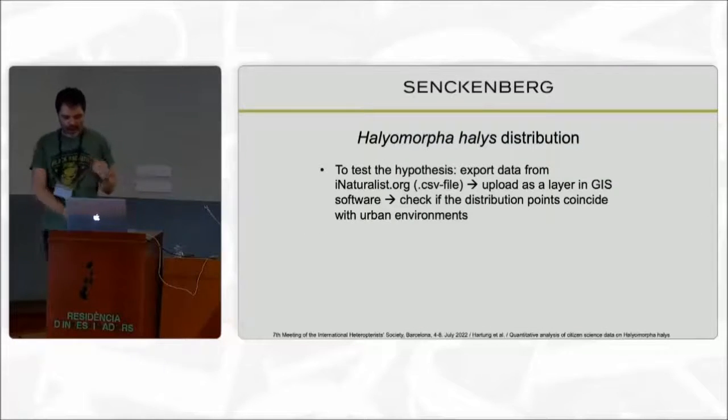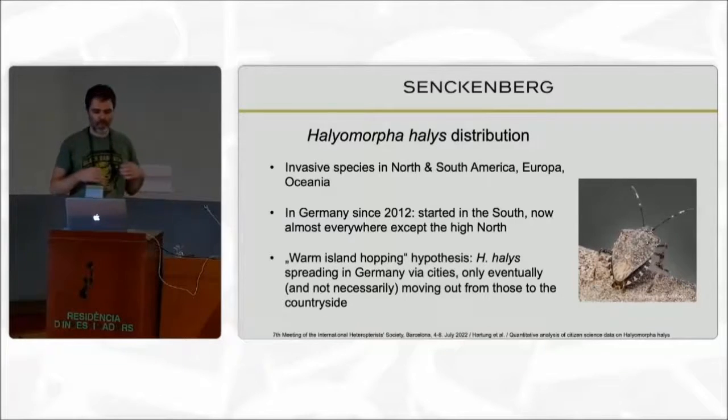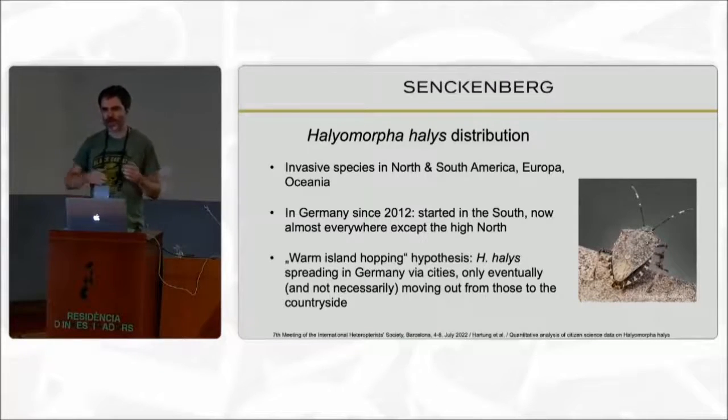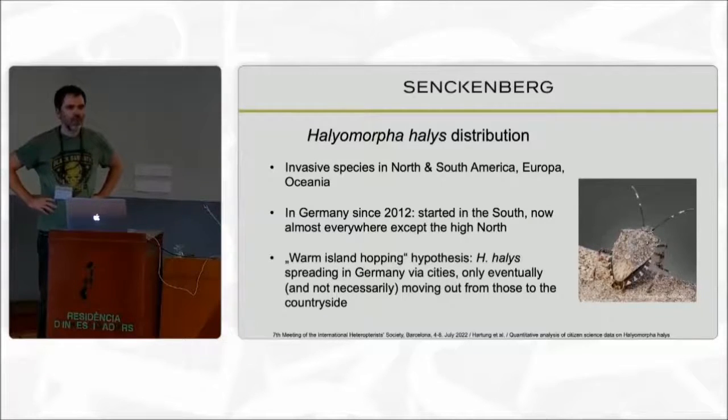Well, just one thing that I wanted to test. There is this warm island hopping hypothesis on the spread mechanism of Allomorpha. People think, and it's been quoted in German papers repeatedly, that Allomorpha uses cities to spread. Cities are mostly a little warmer than the surrounding countryside, and this is good for a subtropical species like Allomorpha.